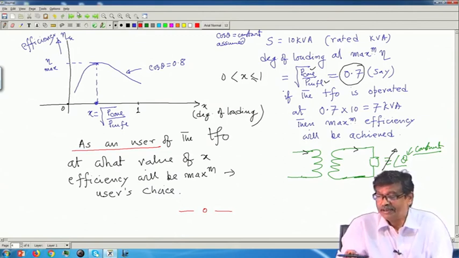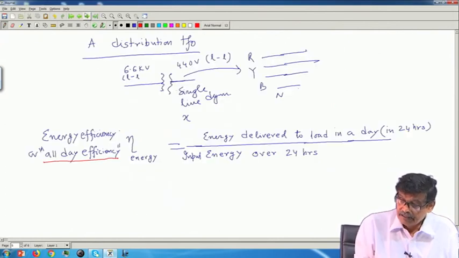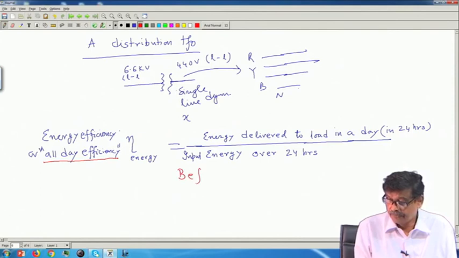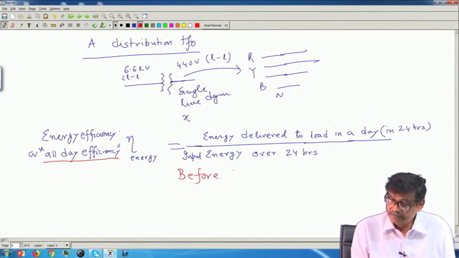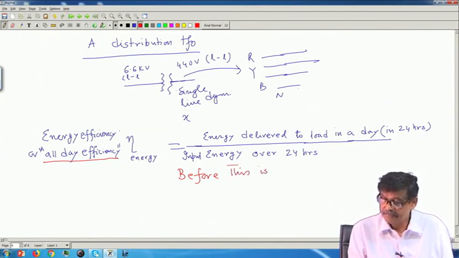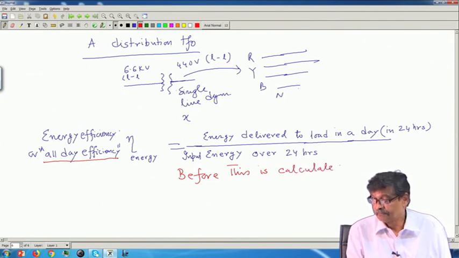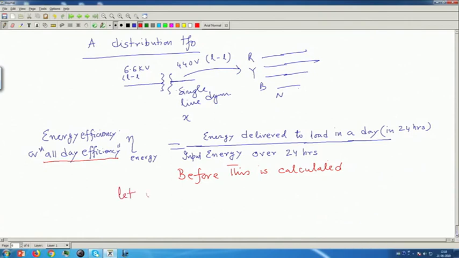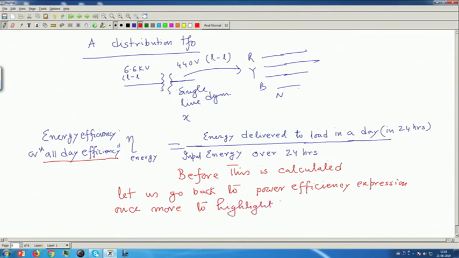Before I discuss this topic, let us go back to the power efficiency expression once more to highlight another interesting point.